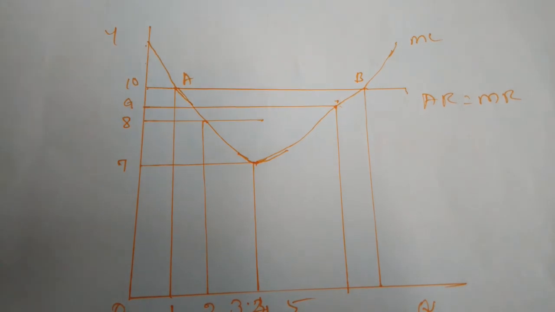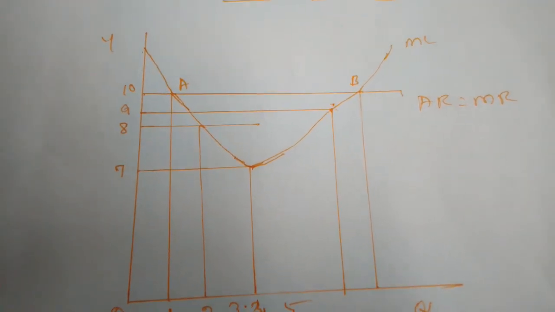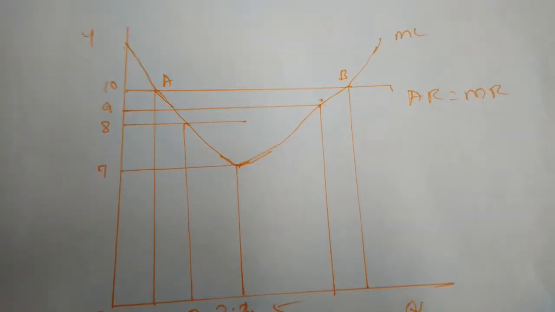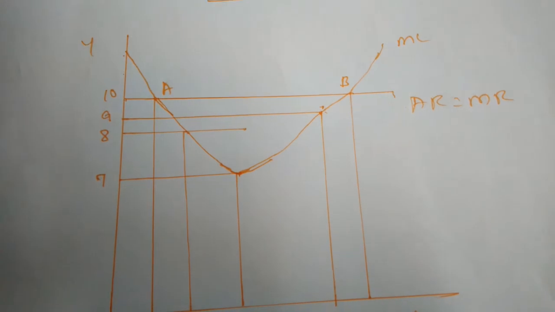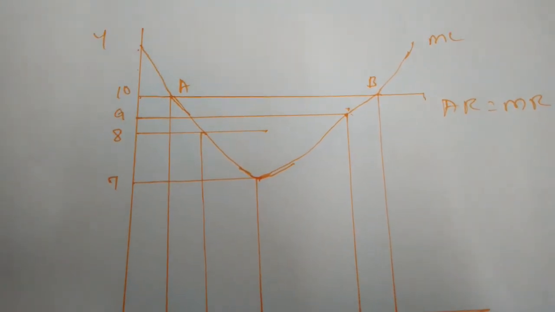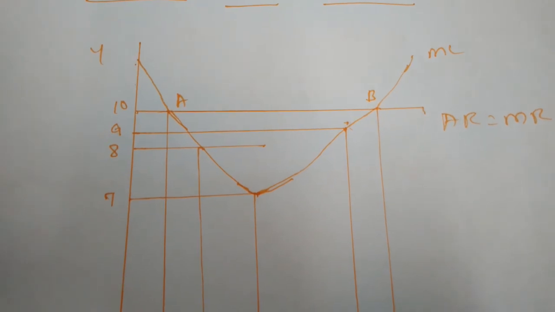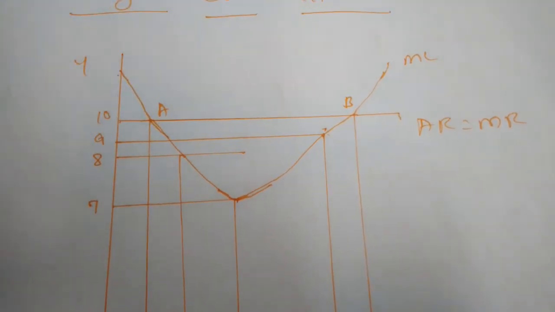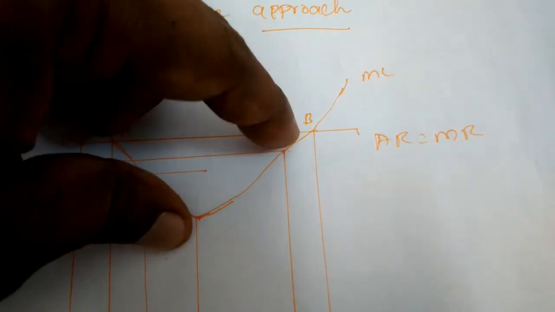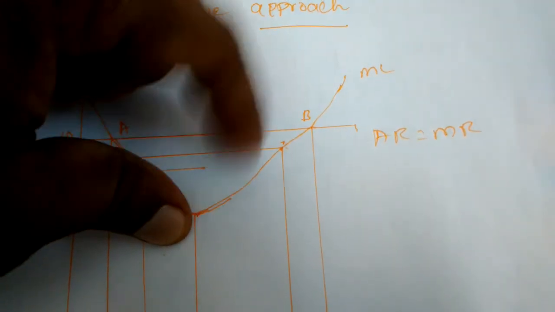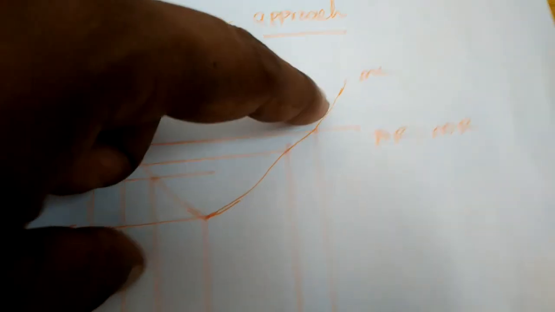So it is necessary, but it is not sufficient, as producers always want to earn more profit. So another condition also has to happen. That condition is that the marginal cost curve cuts the marginal revenue curve from below. See, this marginal cost curve is going to cut from below.